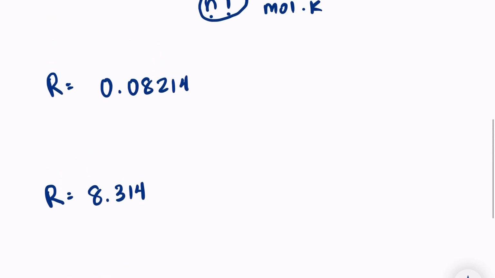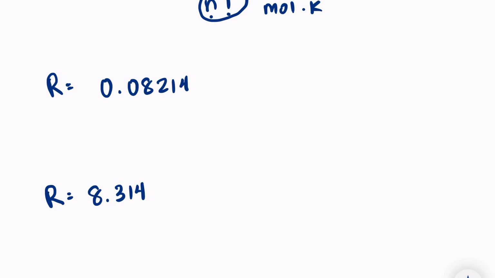And the only thing that's different about these ideal gas constants, because you're probably thinking it's a constant, shouldn't all of those values be the same? But we've calculated the constant in different units to make using the ideal gas law easier to work with.